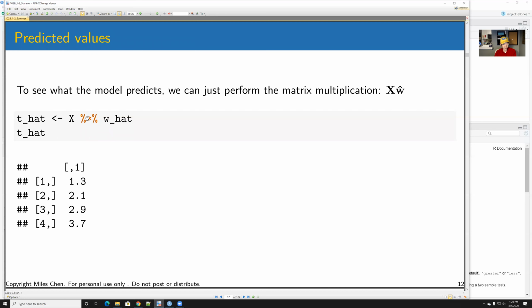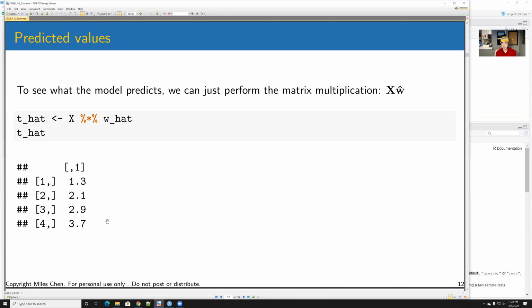So I would do X times W hat, and this produces these four values. X is 4 by 2, and W hat is 2 by 1, so this produces a 4 by 1 column matrix of predicted values, T hat.